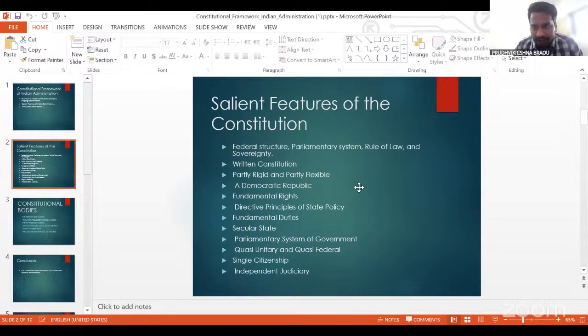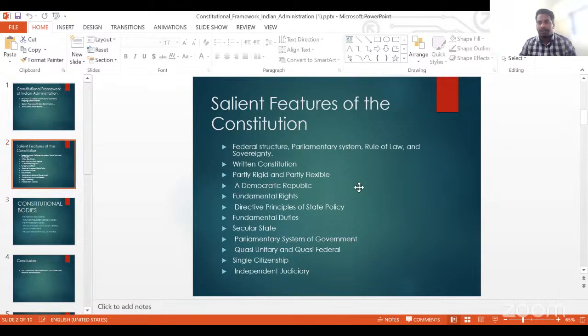We the people of India have solemnly resolved to constitute India into a sovereign, socialist, secular, democratic republic, and to secure all its citizens justice, social, economic, political; liberty of thought, expression, belief, faith, and worship; equality of status and opportunity; and to promote among them all fraternity, assuring the dignity of the individual and the unity and integrity of the nation.